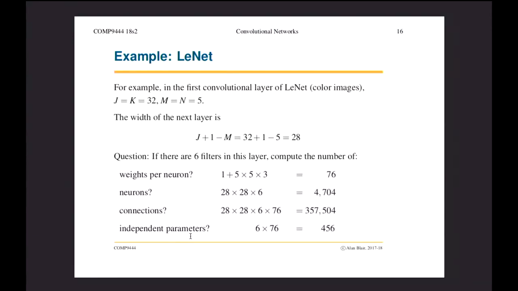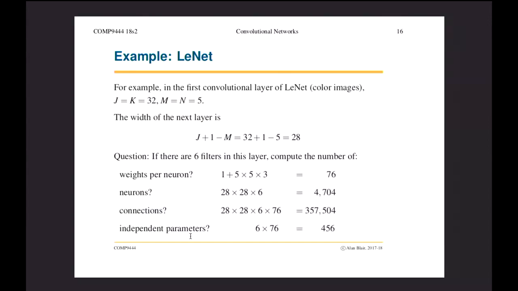For one neuron, all the weights into that neuron are independent. So there's 76 independent parameters for each filter, and there's 6 different filters. So there's actually only 456 independent parameters in this network.